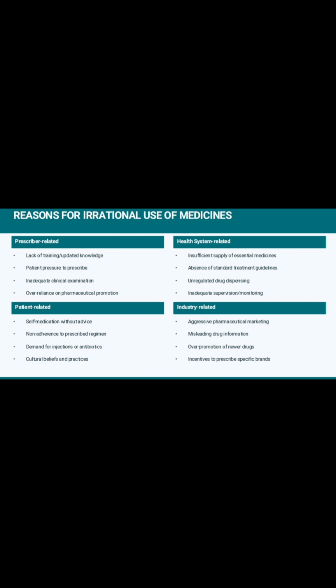Lack of training, knowledge, lack of information to the prescriber about the drug or disease, patient load on a particular doctor. There are too many patients in one OPD. Lack of diagnostic facilities. You cannot diagnose the disease and you prescribe the drugs to the patient.